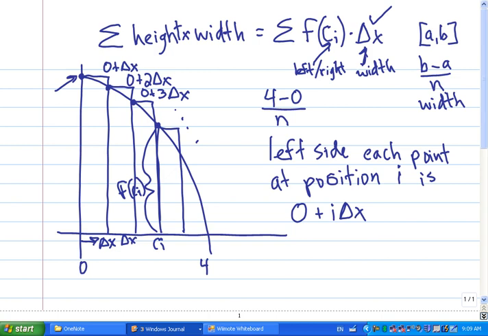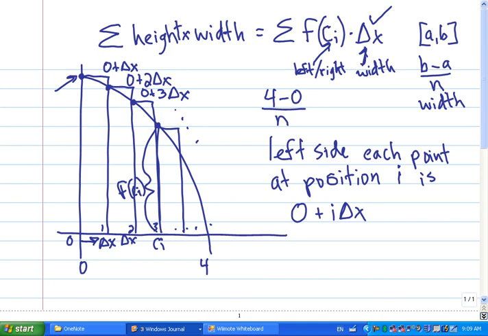So here's point 0, where we start, point 1, point 2, point 3, and so on. That means for this point, you add 0 delta x's, 1 delta x, 2, 3, and you keep going.